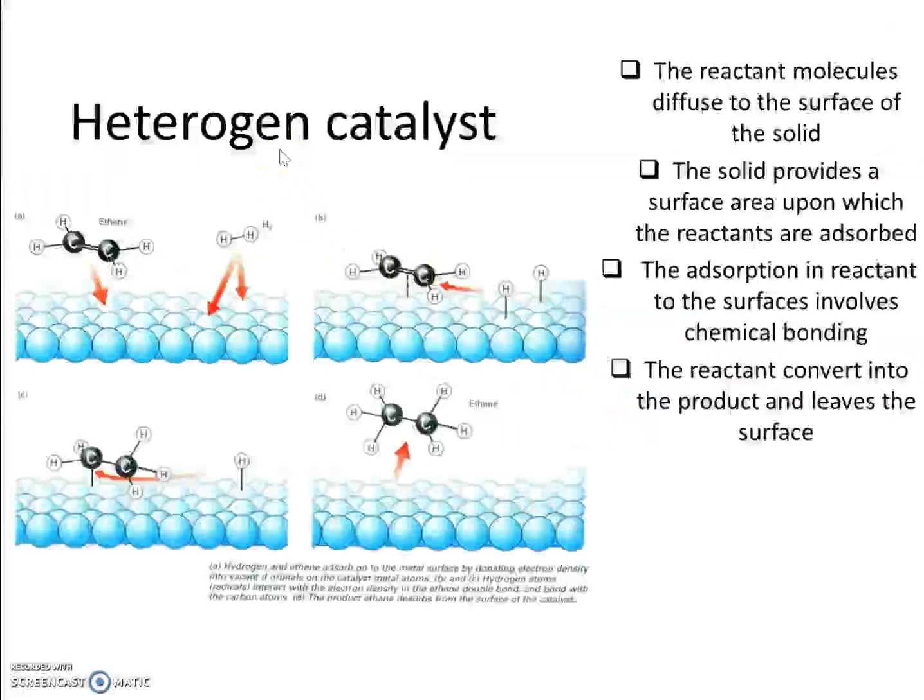Then the mechanism in heterogen catalyst. We see here the blue one, like a ball, represents the solid phase or heterogenic catalyst, and on the upper side there are two reactants which are adsorbed by the solid. This is the keyword, adsorption process. So the surface will adsorb.